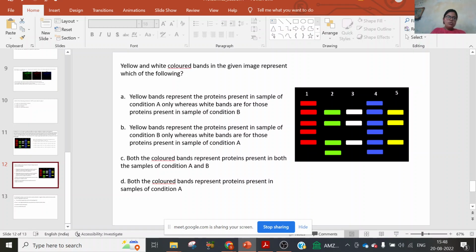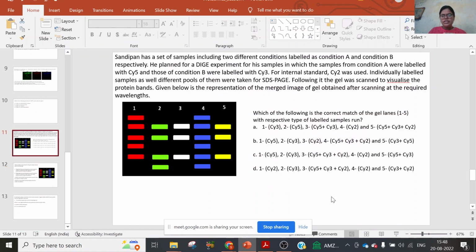Both the colored bands represent proteins present in both the samples of A and B. As we have already discussed in our previous question, the white and yellow bands in lanes 3 and 5 are a combination of Psi5, Psi3, and Psi2 for white, and Psi5 and Psi3 for yellow.